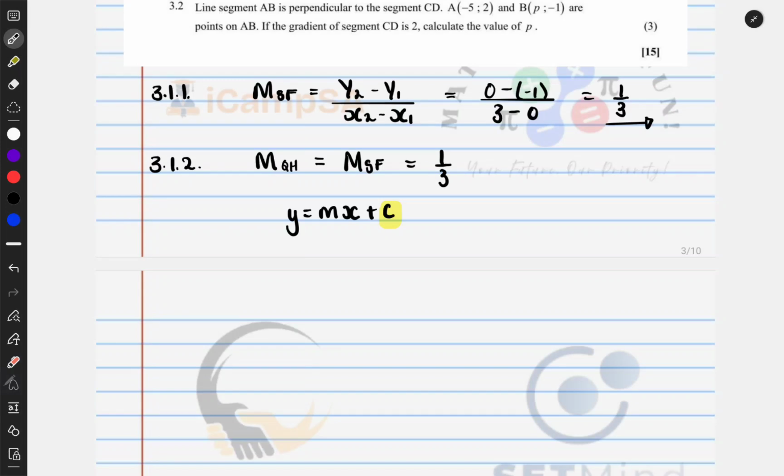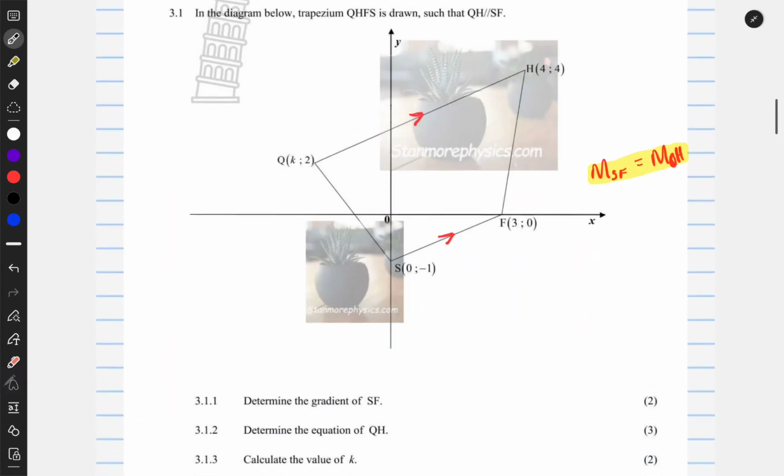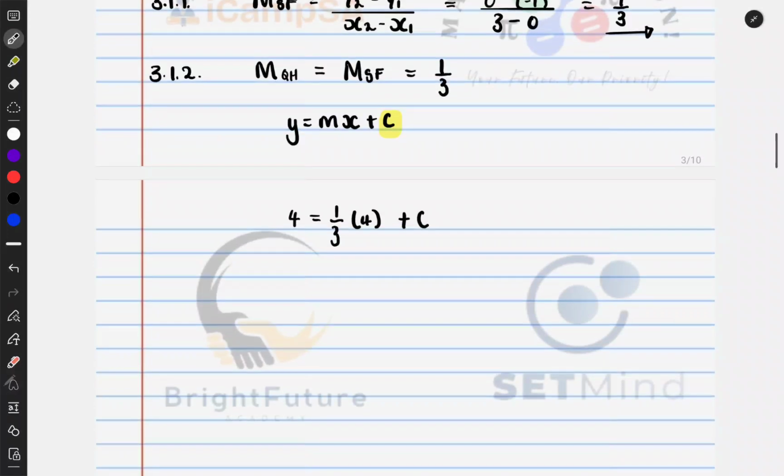Let's now plug in our values. So y is 4, equal to the gradient 1 over 3 times 4, plus C. Let's quickly confirm, yes, those are the coordinates. So we're going to have 4 minus 4 over 3 is equal to C. C is a y-intercept. So 4 minus 4 over 3 is equal to 8 over 3.